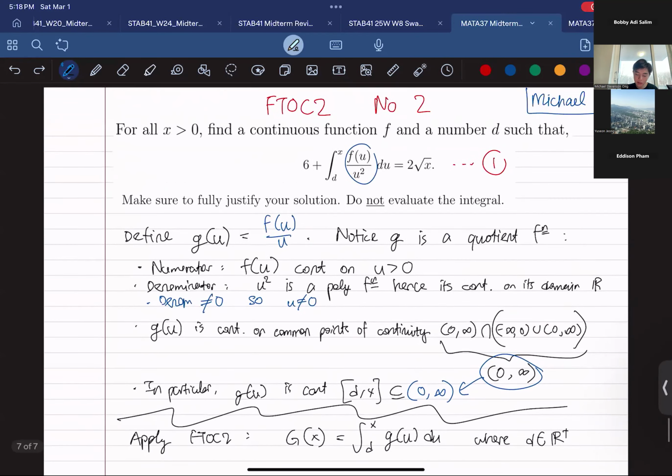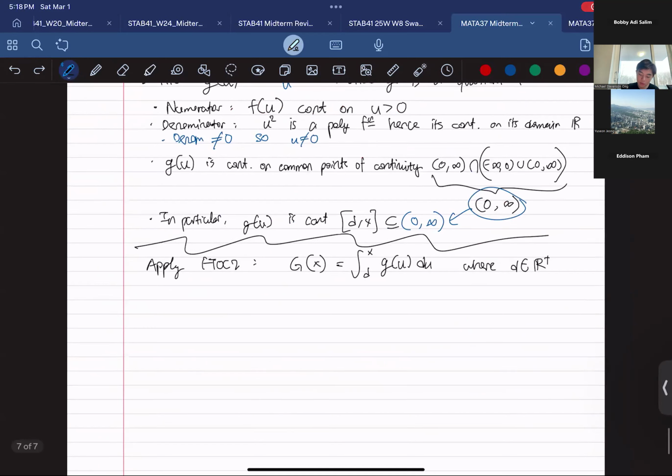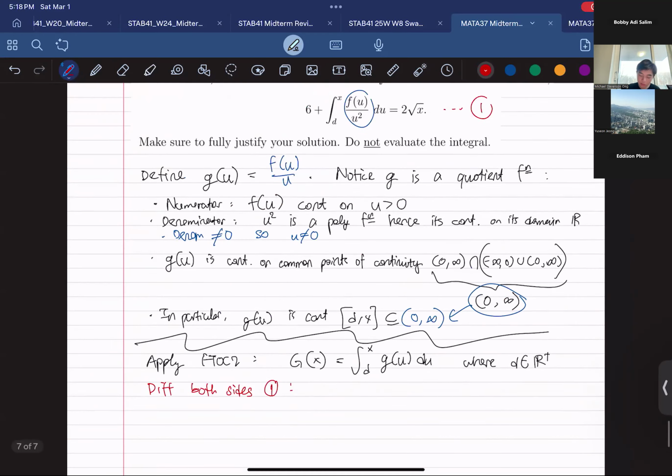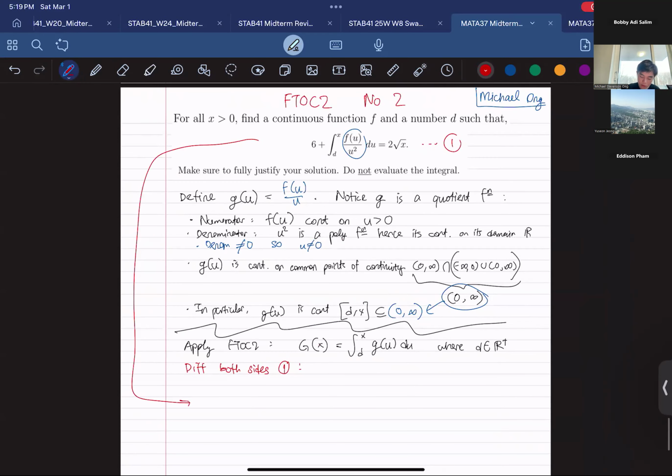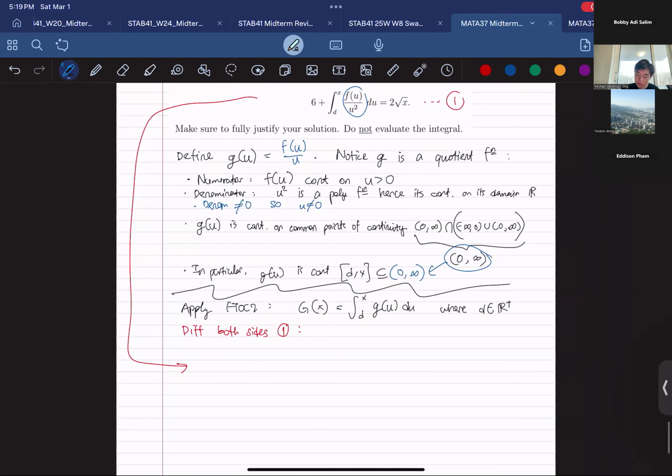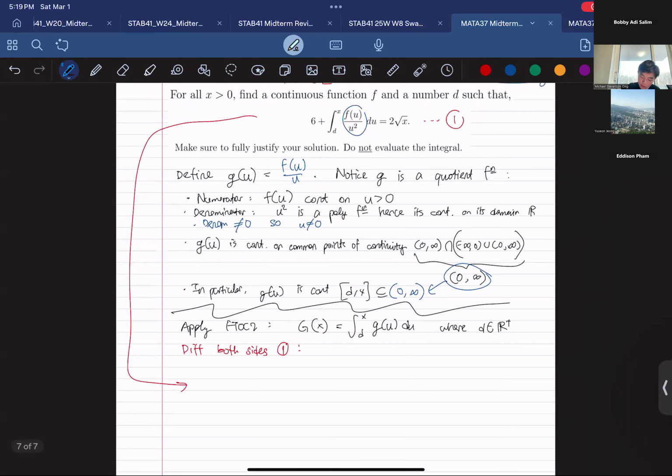I could easily differentiate both sides immediately. So let's go differentiating both sides of that big equation in the beginning. That means our 6 becomes 0. Then the second component will be the interesting part that we'll handle.